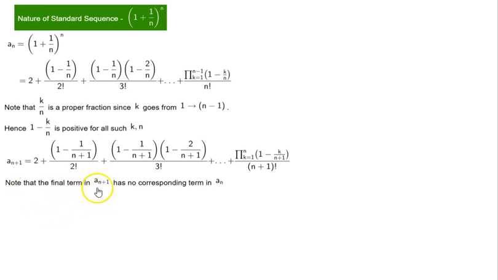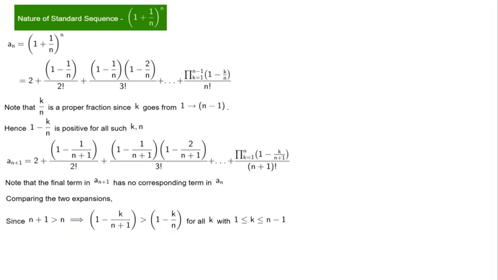Note that the final term in a_{n+1} has no corresponding term in a_n. This is the (n+1)th term. Now comparing the two expansions, since n+1 is greater than n, it implies 1 - k/(n+1) is greater than 1 - k/n for all k between 1 and n-1.